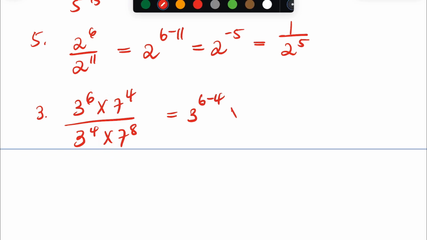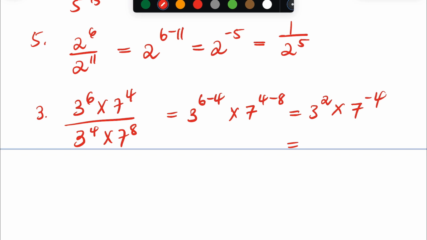So we'll say multiply, and then we'll focus on the 7s. We'll take one base, which is 7. We'll say 4 minus 8, and then the answer will be 3 to the power 6 minus 4 times 7, which is 3 to the power 2 times 7 to the power negative 4.